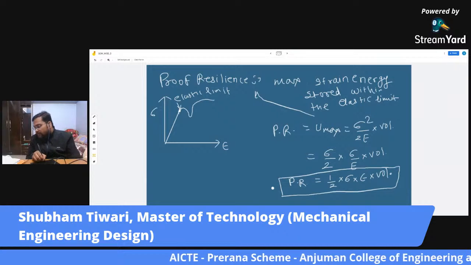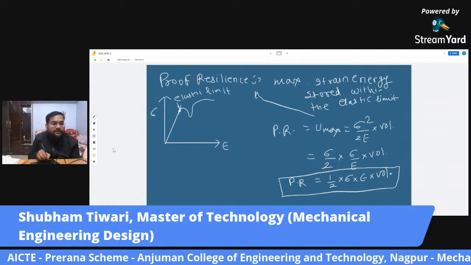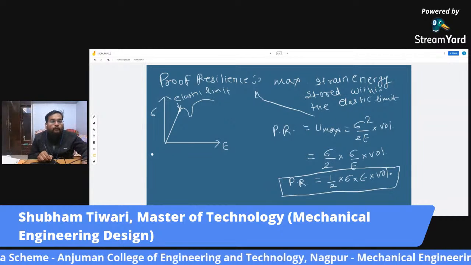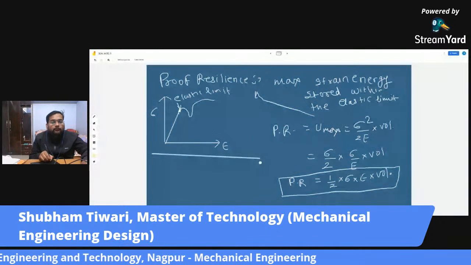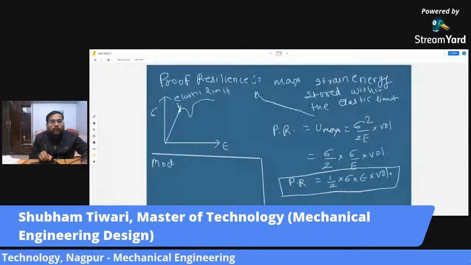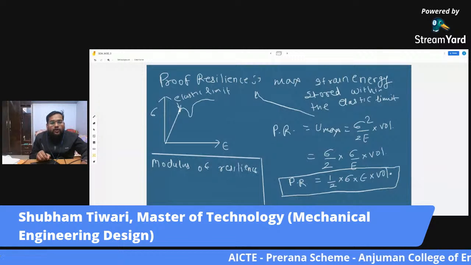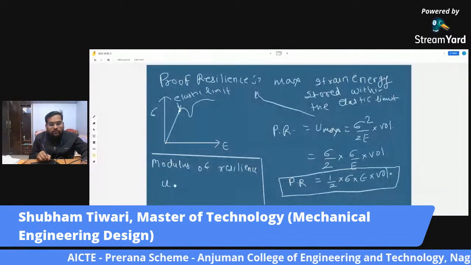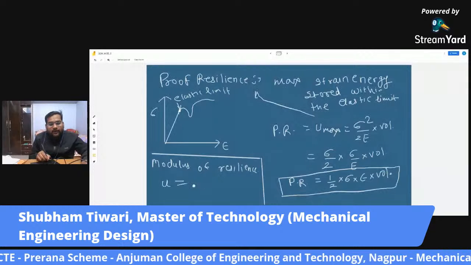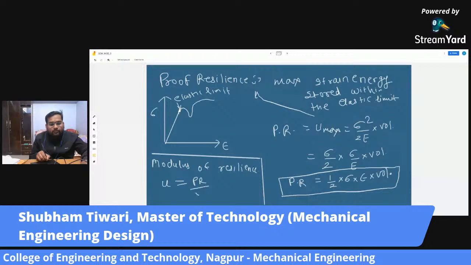Now there is another term known as modulus of resilience, which is very easy. Modulus of resilience is denoted by small u, and it is nothing but the proof resilience divided by volume.